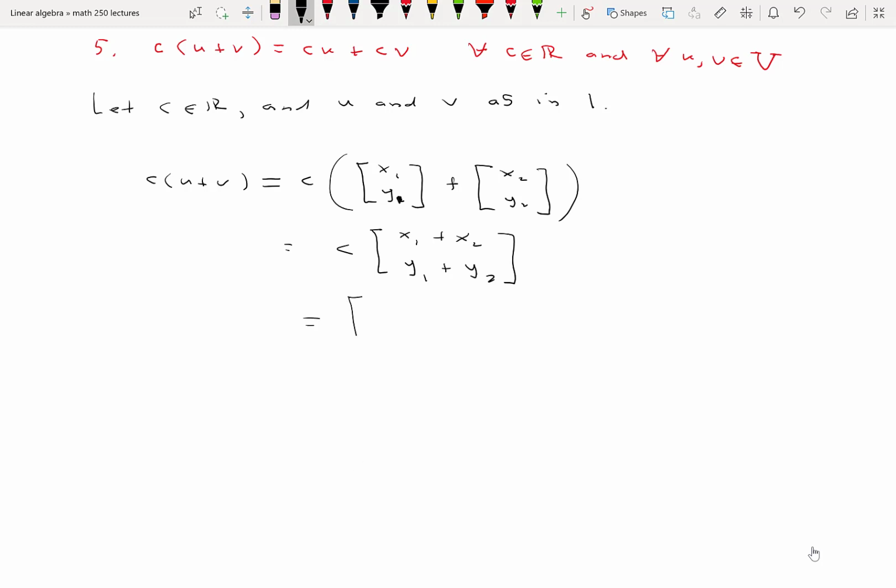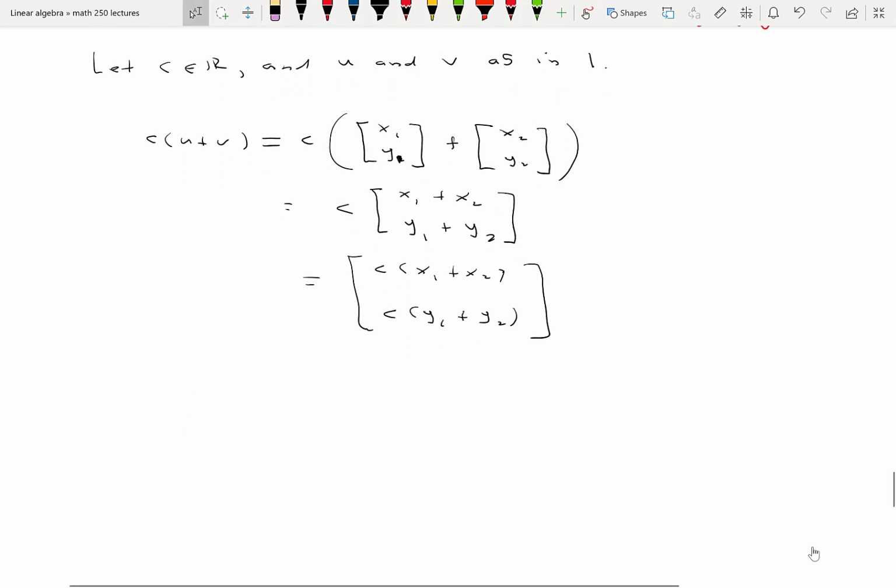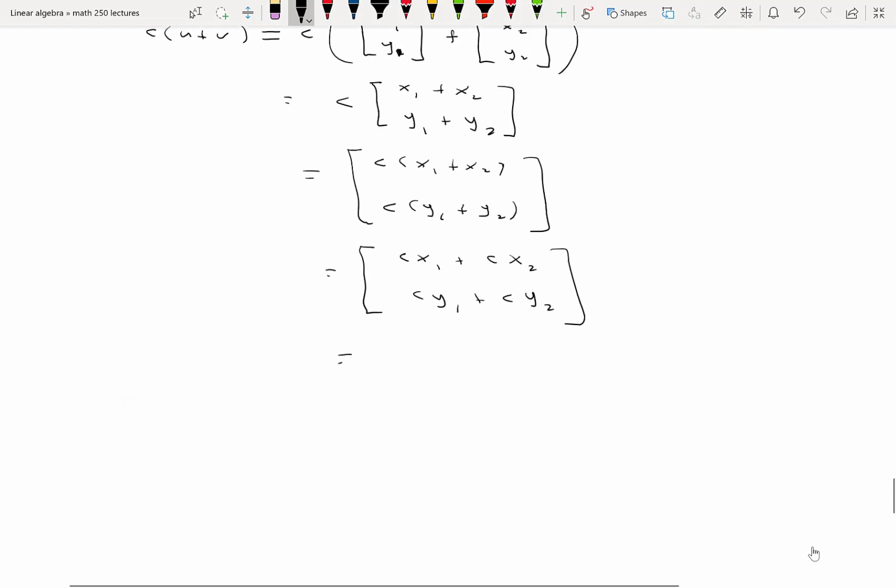So this equals the column vector whose entries are C times x1 plus x2, C times y1 plus y2. Why? That's the definition of scalar multiplication in this vector space. Now I can distribute that C through both of these entries of this column vector. Why? Because both of these entries in the column vector are real numbers, and we get to assume all the properties of real numbers.